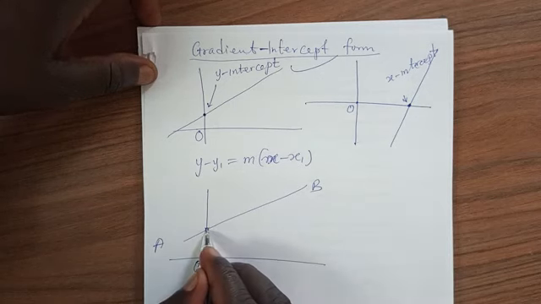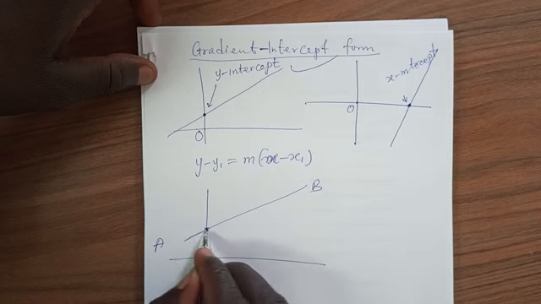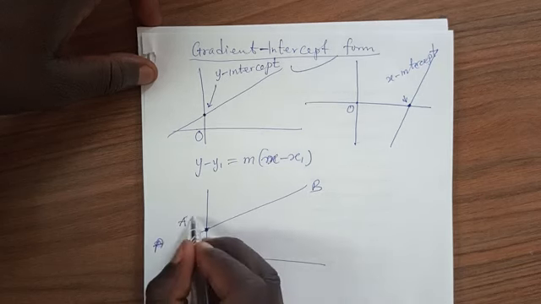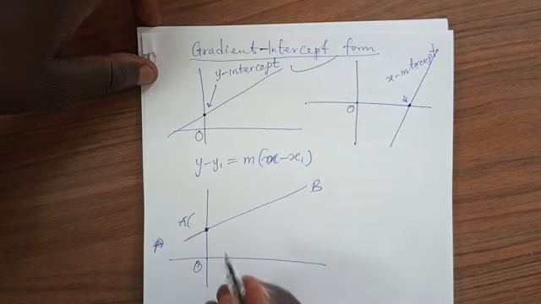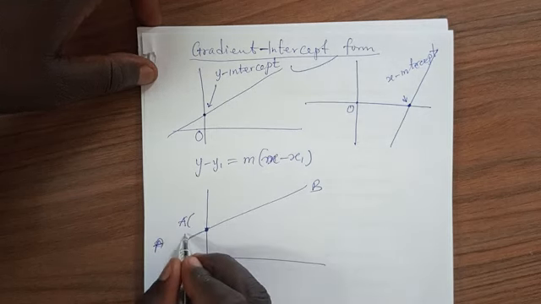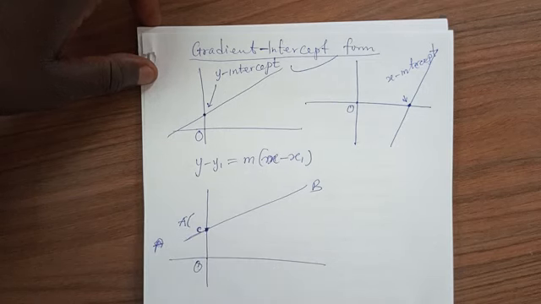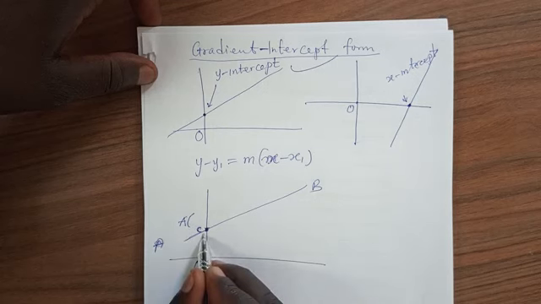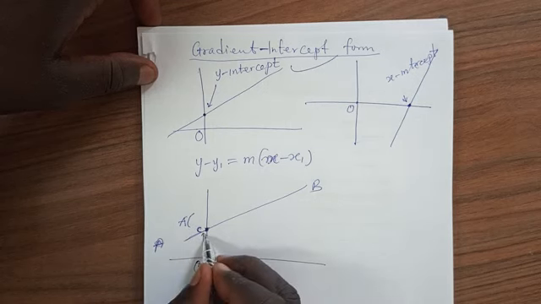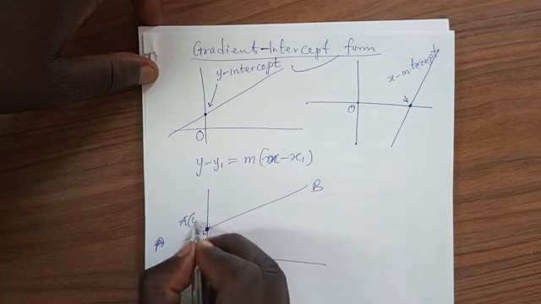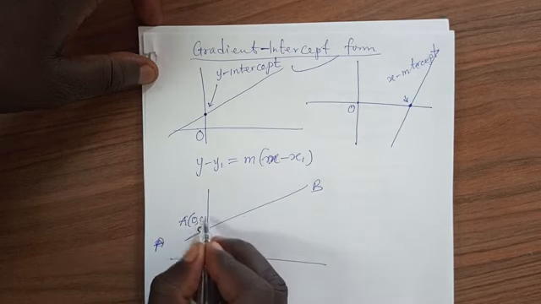Once it crosses the y-axis at this point A, let's say this is y equal to C. So x is 0 at this point, and the value of y is C.